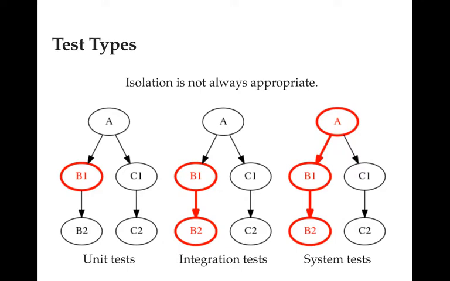The advantage means we can introspect deeper and understand more why something has gone wrong. The downside is we don't really get to see things at the system level. We're quite removed from what the user can see when we're running unit tests. System tests, on the other hand, the tests on the right, test everything that the user can do, and are quite good at determining whether or not the user is going to run into a problem.